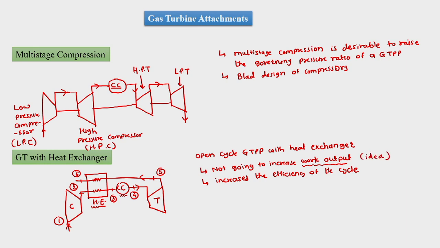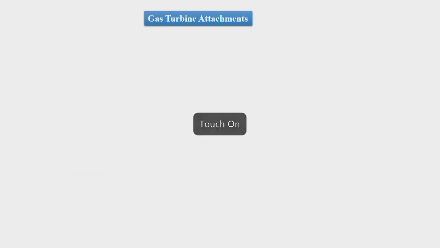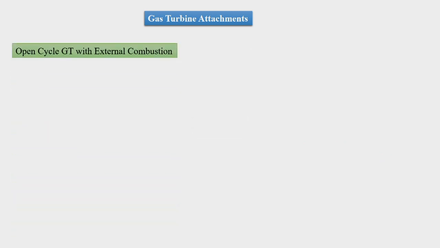But in the actual case, there is a reduction of work output with the heat exchanger due to pressure loss in the process of heat exchange. Then we have some other arrangements, and the first arrangement is with external combustion.